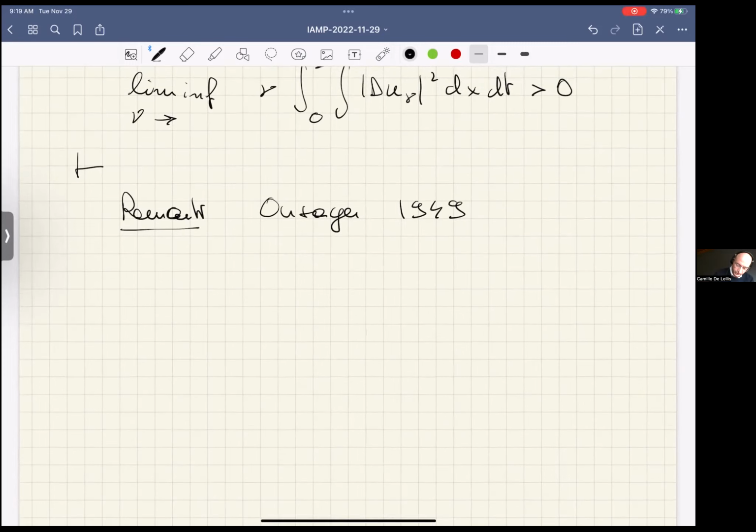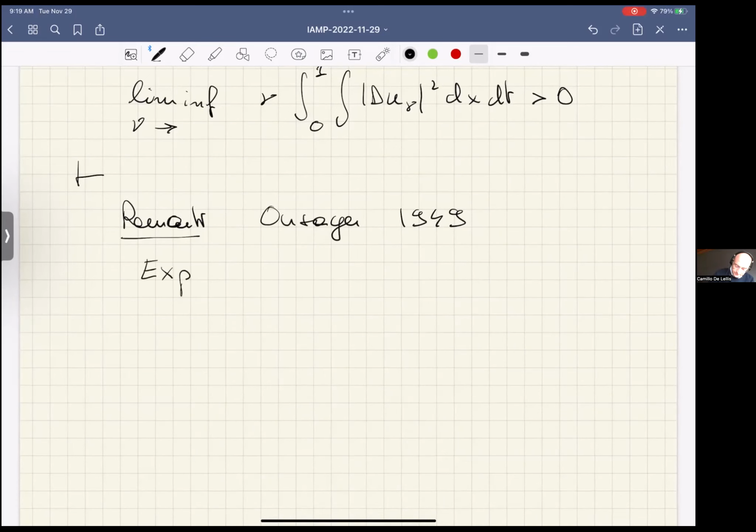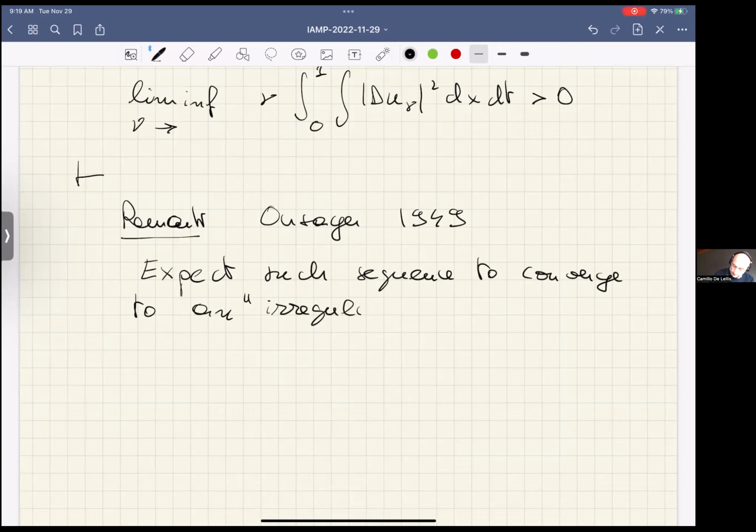Okay, so expect such a sequence to converge to an irregular solution of Euler which does not conserve the energy.